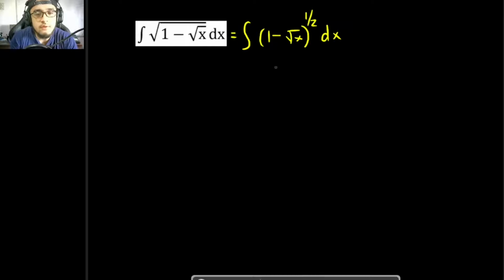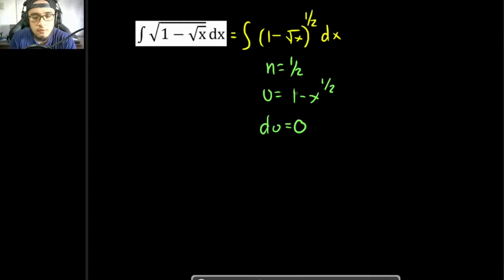So the value of your n is equal to 1/2, which is this one right here. The value of your u is equal to 1 minus x raised to 1/2, which is this one right here. And the value for your du is to be the derivative of this function right here. So the derivative of 1 is equal to 0, minus, so let's get the derivative of x raised to 1/2.